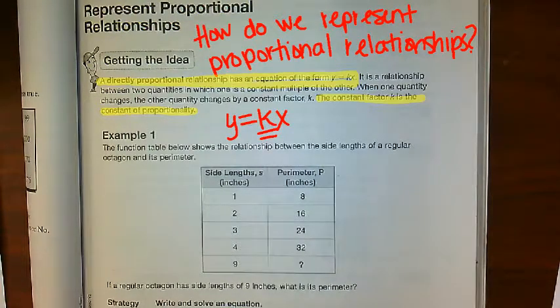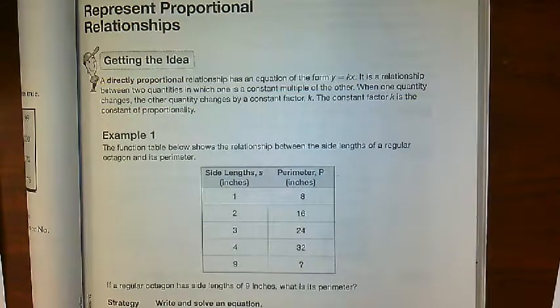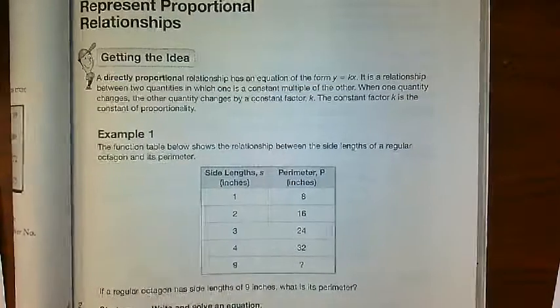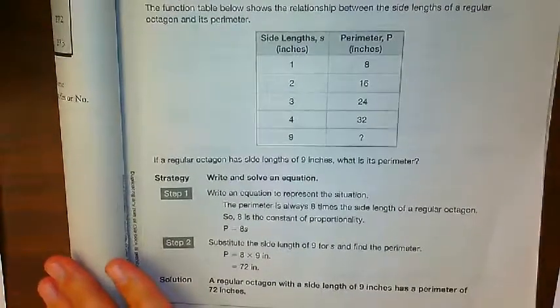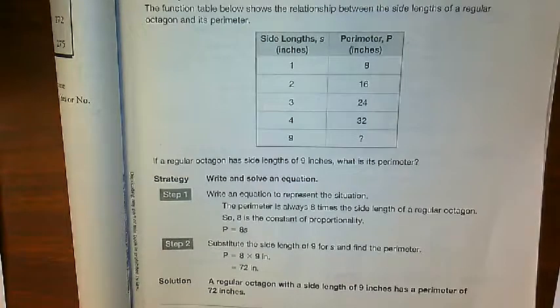So if we look at example number 1, the function table shows the relationship between the side lengths of a regular octagon and its perimeter.